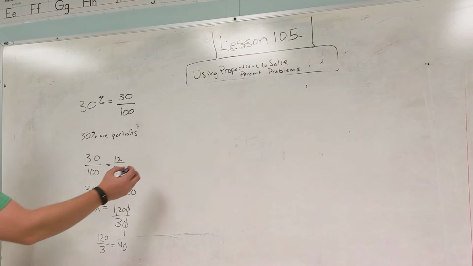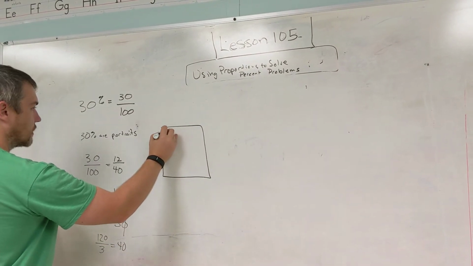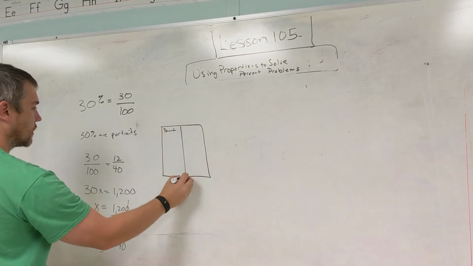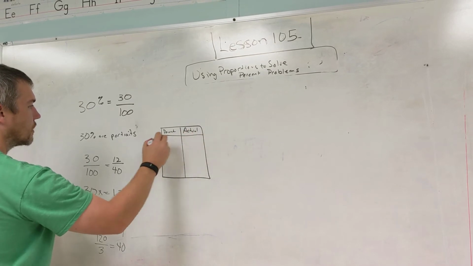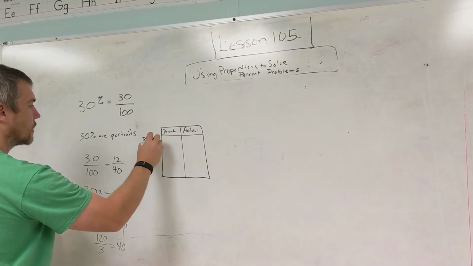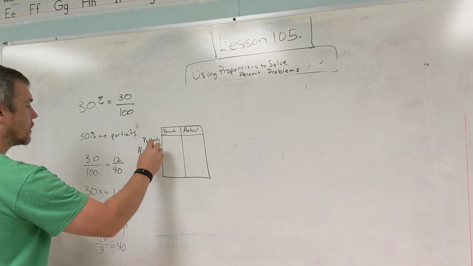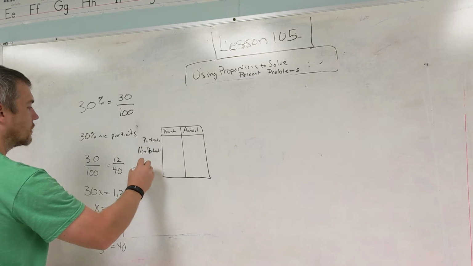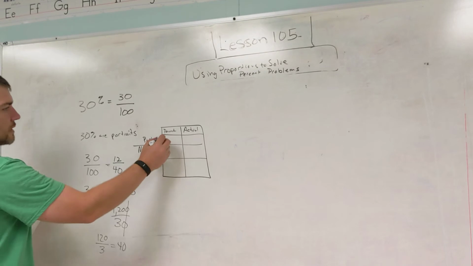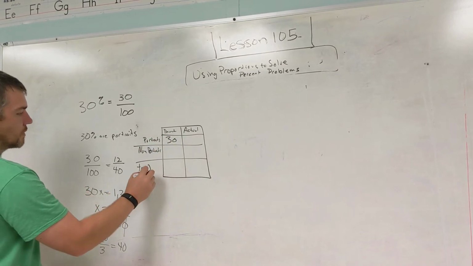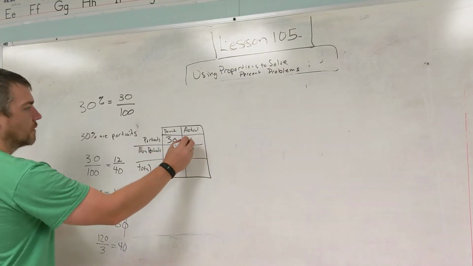So they write out a ratio box. I've got the percent, and then I've got the actual. So for portraits, non-portraits, and then the total. Here we know the percentage is 30, and we know the total is going to be 100. And then our actual value was 12.